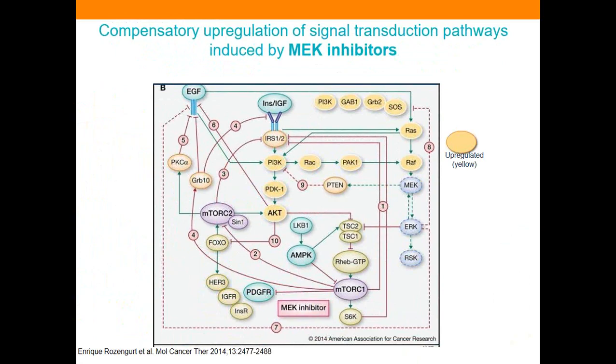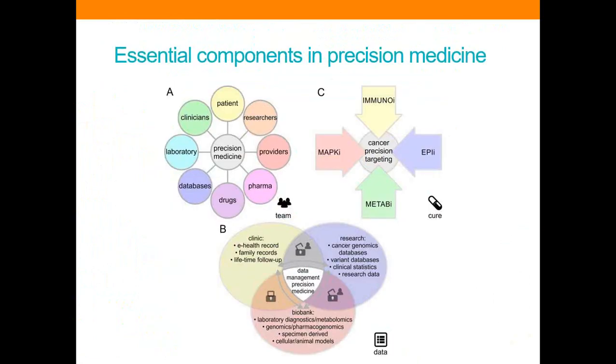So let's go on to the, I think, last slide. In terms of this targeted precision medical approach that we all talk about right now, there are really three overriding groups of approach that we need to take.